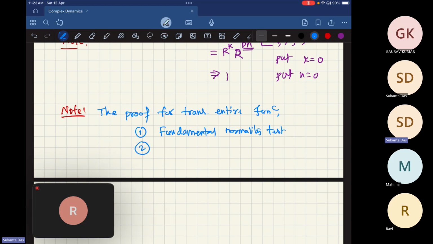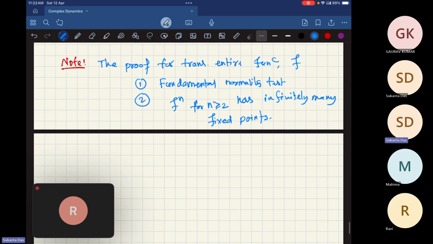And the second one is a simple idea: if you take any transcendental entire function f, then f^n for n greater than or equal to 2 will always have infinitely many fixed points.